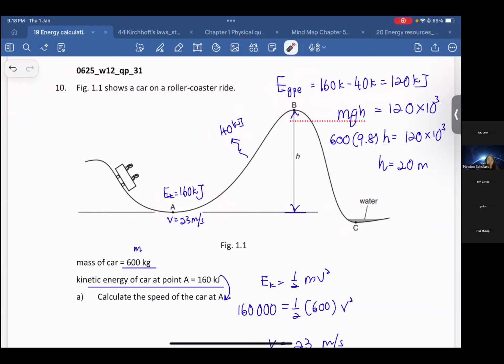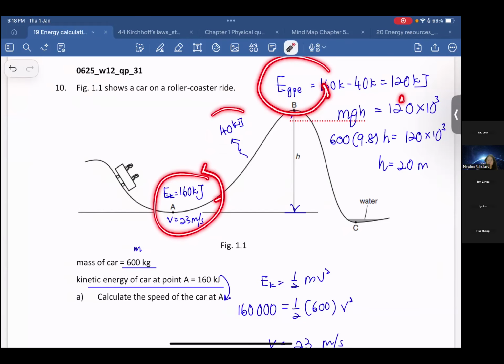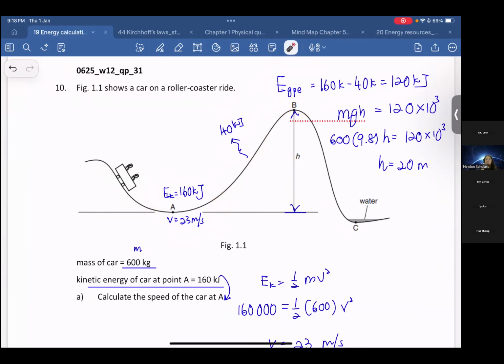They can also change the method to ask you: the starting energy is 160 kilojoule, but my final GPE only gets 120 kilojoule. Why? Explain why. Because there is friction, energy loss due to the friction. How much energy is lost to the surrounding? 160 minus 120, 40 kilojoule. Is that clear? Yes or no, dear?